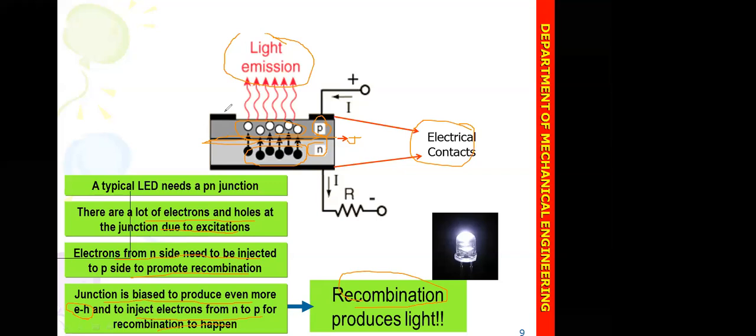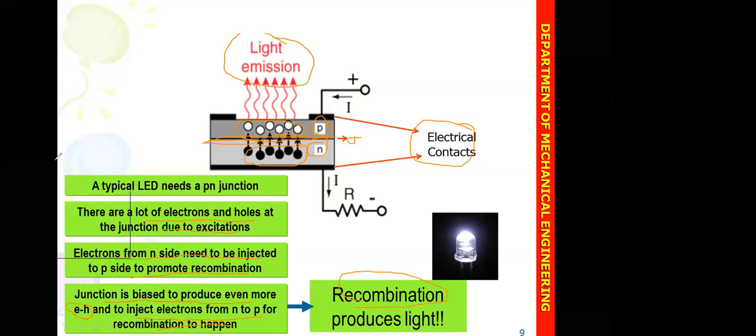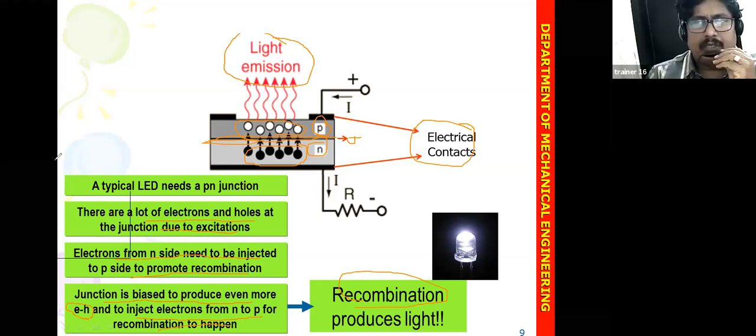I'm not getting your voice properly, it is disturbing. Sir, potential forces majority carriers in PN junction forward. I'm not asking about that. Simply, you said in the PN junction forward bias, what are the majority carriers?